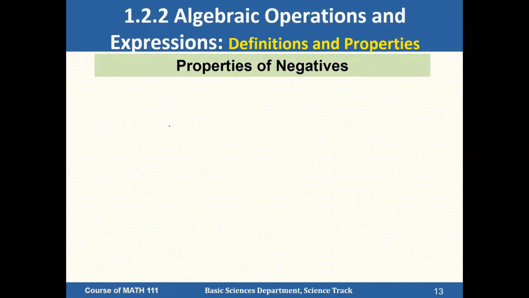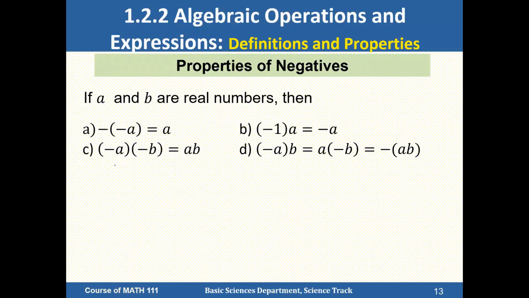Properties of negatives. Be careful. الإشارات مصدر أخطاء كثيرة. معظم أخطاء الطلاب في الإشارات. إذن ركزوا. عندنا ماينس أمام قوس شو نسوي؟ نغير كل الإشارات للداخل. We switch all signs inside parentheses.